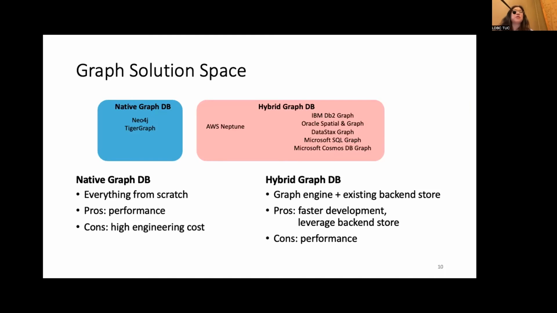Because they leverage an existing data store, they have much faster development time, and they also get many things for free from it, such as transaction support, HADR, or scalability. Of course, performance-wise, it may not match a highly optimized native graph database, but I think it also depends on the actual implementation.